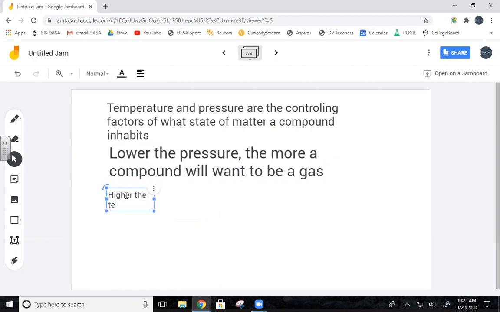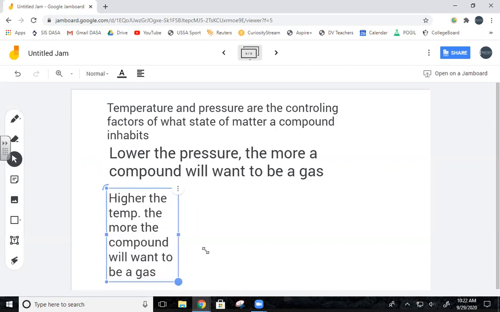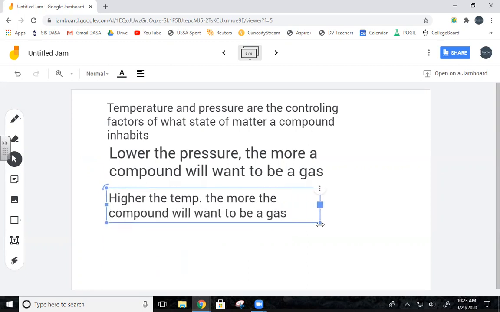Higher the temperature, the more the compound will want to be a gas. Okay? So lower pressure, higher temperature, it wants to move it toward the gas phase.